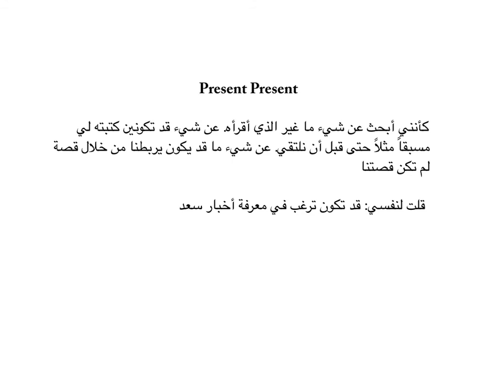Okay, so searching for something that could conceivably unite us through a story which is not our story. And the other example of the present tense is, I said to myself, قلت لنفسي قد تكون ترغب في معرفة أخبار سعد. Okay, so it's possible that you might want to know about Saad's news.